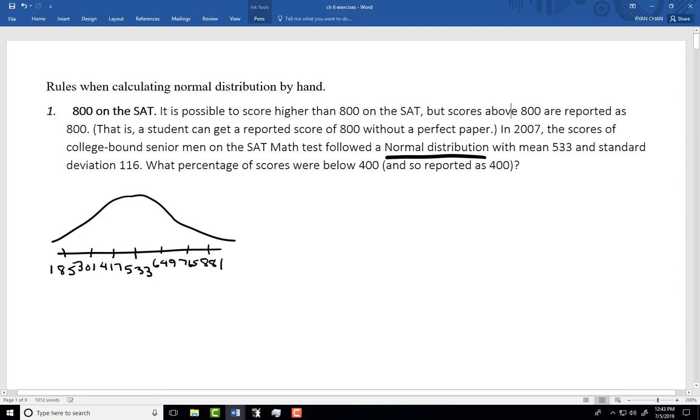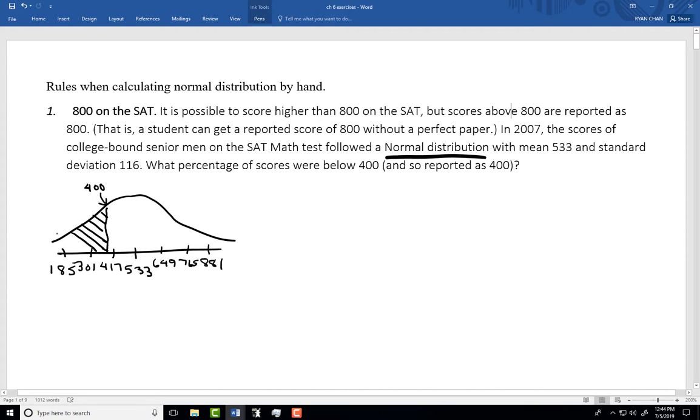It says, what percentage of scores were below 400? So let's talk about this. What is 400? 400 is approximately right here. And it says that it's below 400, so we're actually trying to find this area right here.